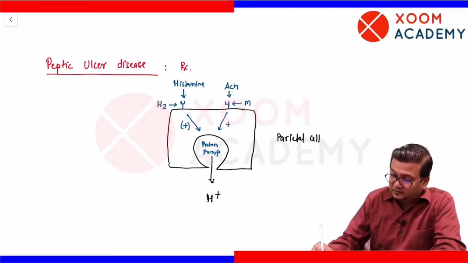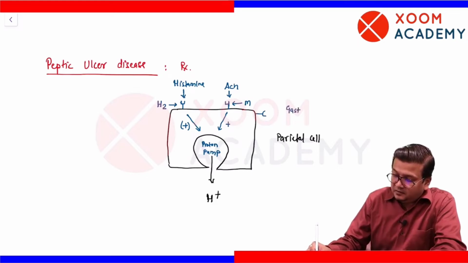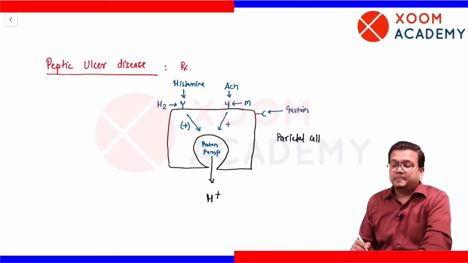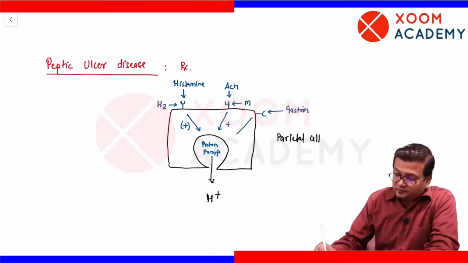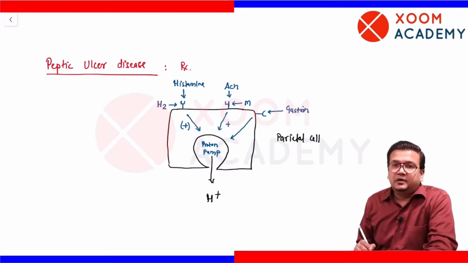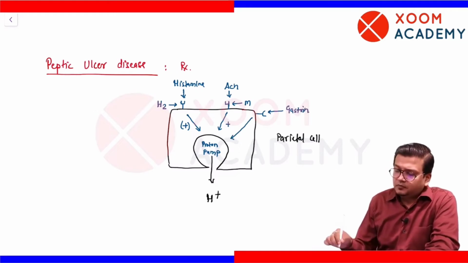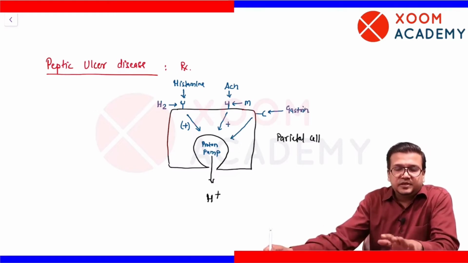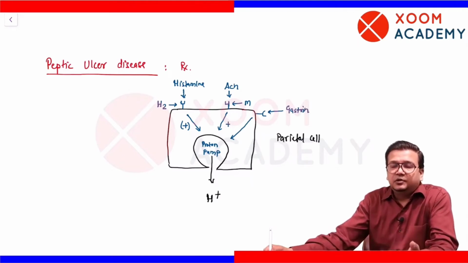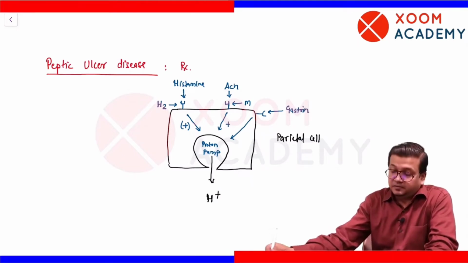Then we also have the gastrin receptors on the parietal cell, and they will also stimulate secretion of H plus. So there are many substances which increase the stimulation of gastric acid.